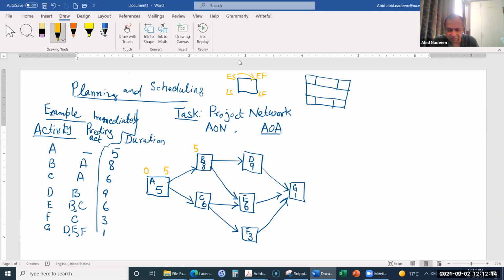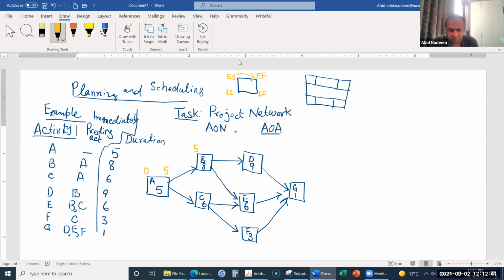That means if Sunday is the 5th day, it will start on the 6th day, so it should be 6 over here. But for convenience in the calculation, we just put 5. It means the end of day 5 is equal to the start of day 6. Anyway, we will go in this manner.